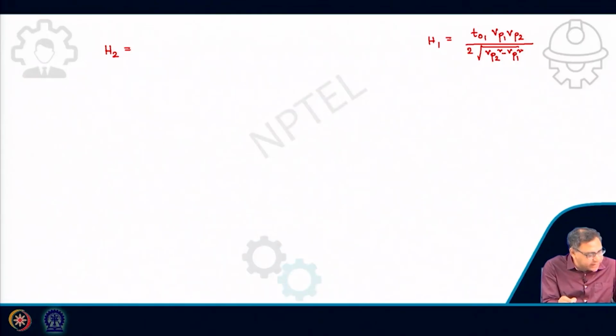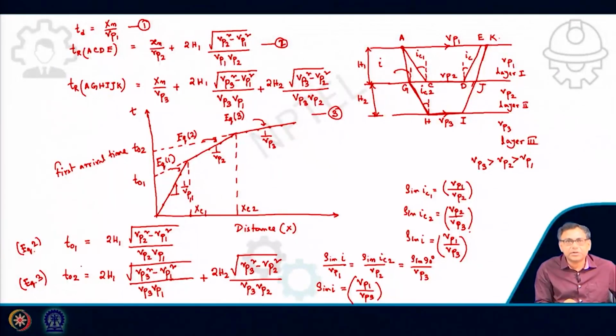Similarly, the expression of H2 I will get if I rearrange this portion.